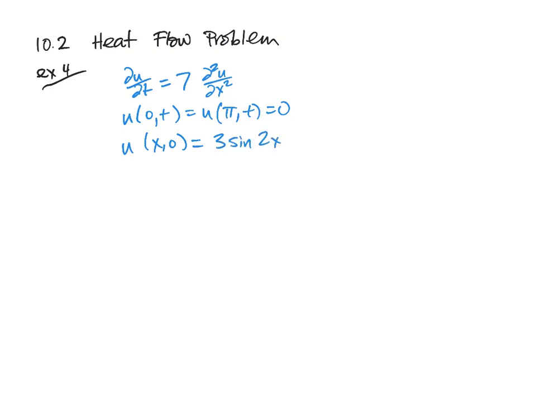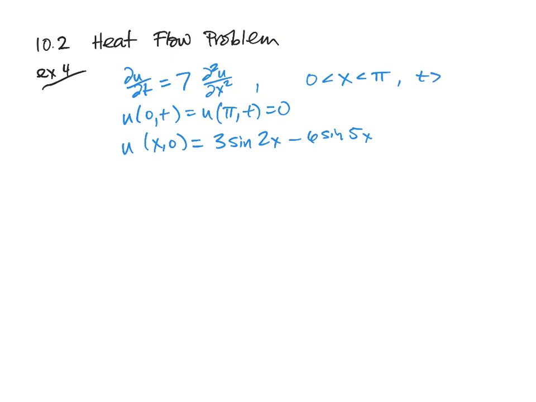It's got some sines in it: 3 sine 2x minus 6 sine 5x. And then what I didn't fill in was where these things are good. So this is for x between 0 and pi. The length of our wire in this case is pi.